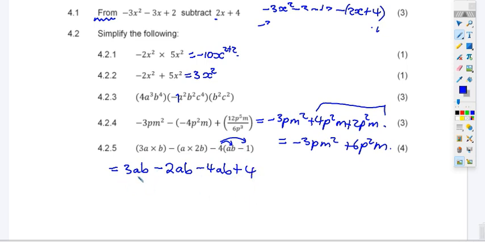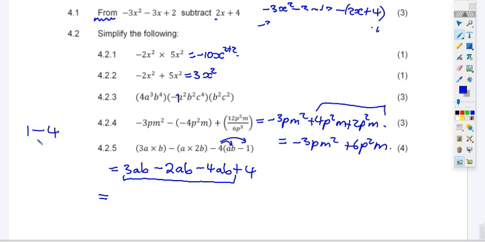Now, do we have like terms? This is ab, this is ab, and this is ab, but this is a constant. So we can simplify all these with an ab. This is going to be 3 minus 2. This is a positive 1. And then minus 4. We have a positive 1 minus a 4 there.